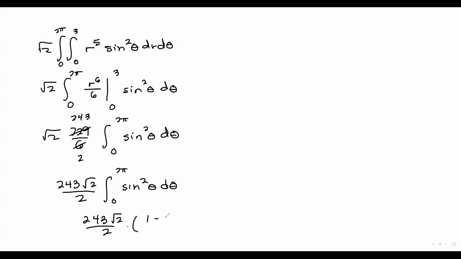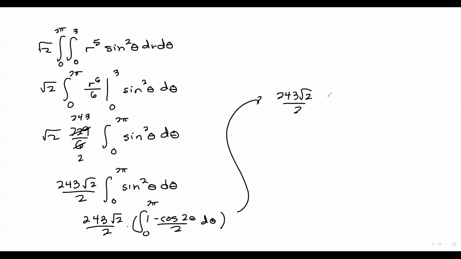This is 1 minus cosine 2 theta over 2. 243 root 2 over 2. And that's going to be 1/2 theta minus sine 2 theta over 4, from 0 to 2 pi.